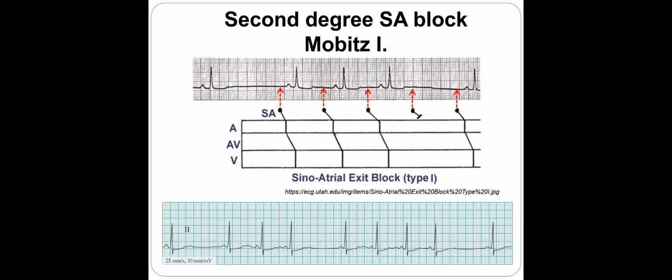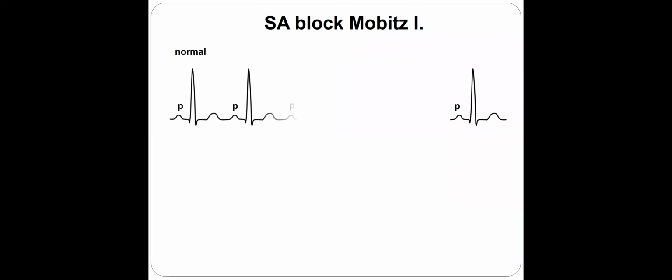Okay, so in the SA block, Mobitz type 1, you can look at, first of all, do we have P waves? Oh, we don't. But the RR intervals are getting shorter, or the PP intervals are getting shorter. Okay? Is it clear? Yes? Why is the PP interval getting shorter? Because very similarly to the AV junctional block when we discussed it.